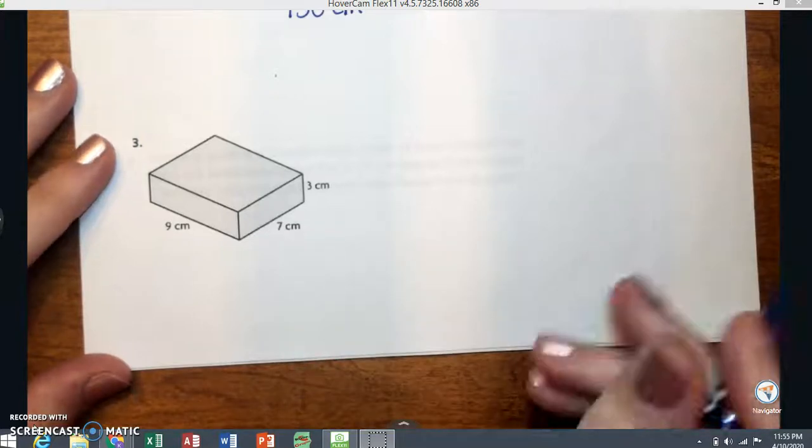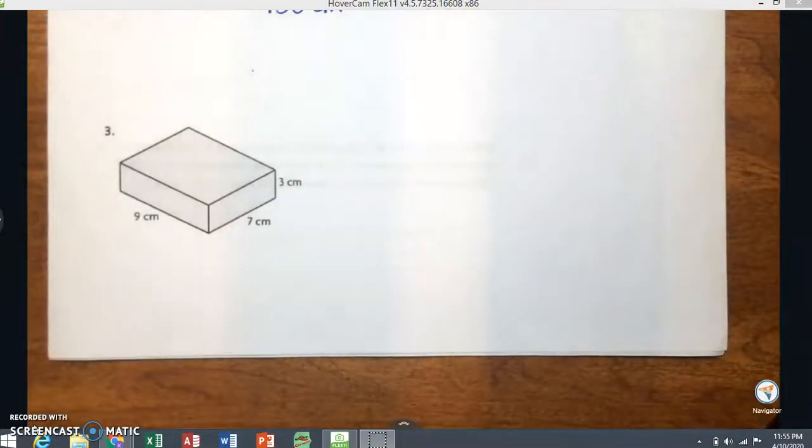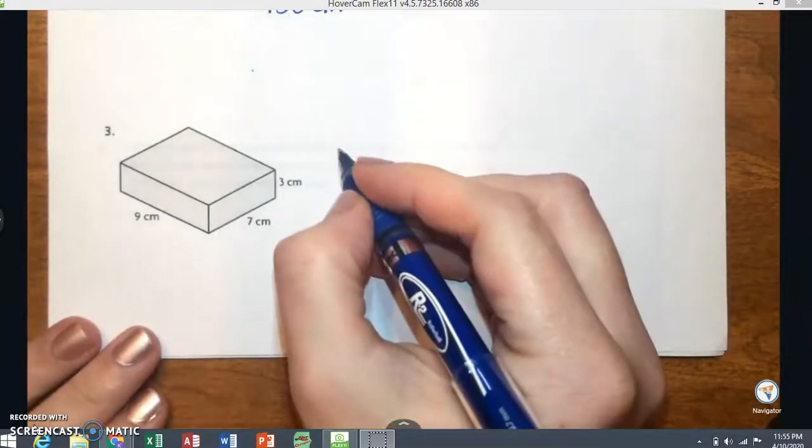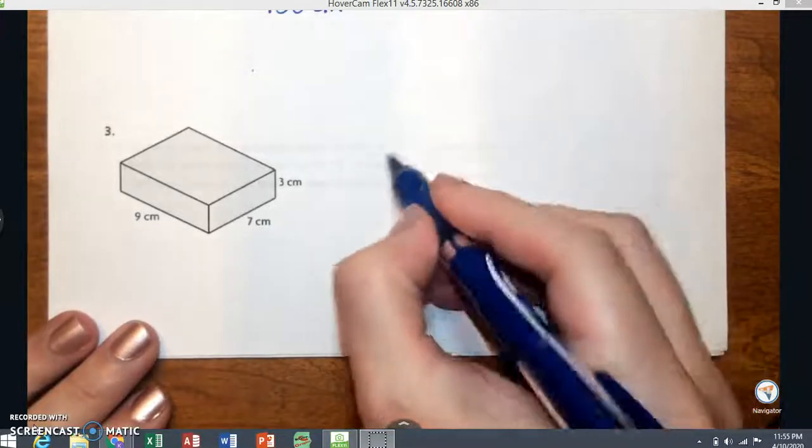Alright, so in this next one, we're finding the surface area here. So we could go ahead and we could draw off the net and do it that way. So I've got a rectangular prism.